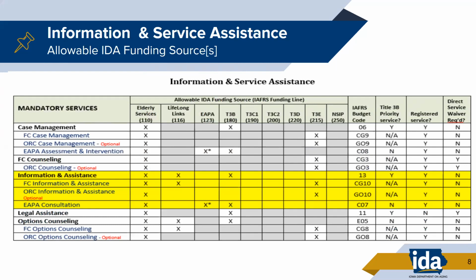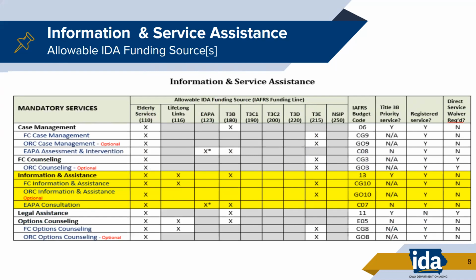Note that Title III-E is the federal funding source for caregiver information and assistance. EAPA consultation has a special state line item funding source for EAPA activities. INA for non-caregivers is funded by state LOA services dollars, a special line item appropriation for ADRC activities, Lifelong Links, and federal Title III-B funds.